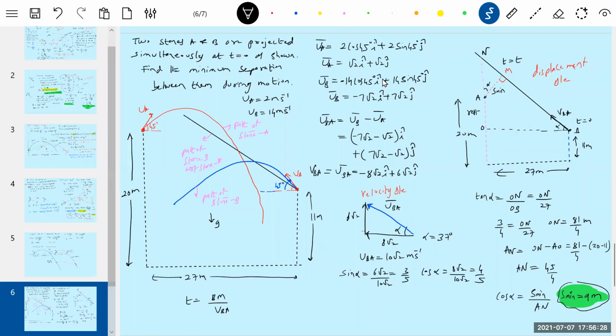Can we calculate BN? In the BN, I have to subtract MN. BN we can calculate from the triangle, and MN we can calculate again. Substitute that, we'll get the time at which the separation between them will be minimum.